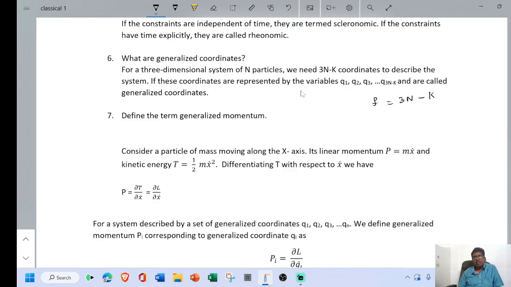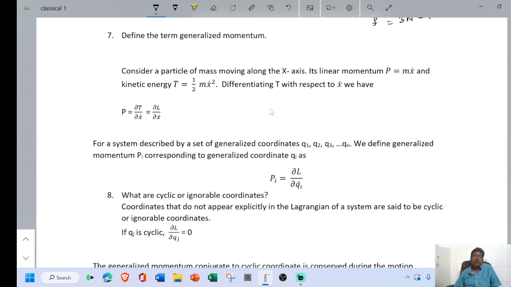If these Cartesian coordinates are replaced by the variables q1, q2, q3, up to q3n minus k, they are called generalized coordinates. Instead of x, y, z, we may use q1, q2, q3 and so on up to q3n minus k. Such coordinates are called generalized coordinates.